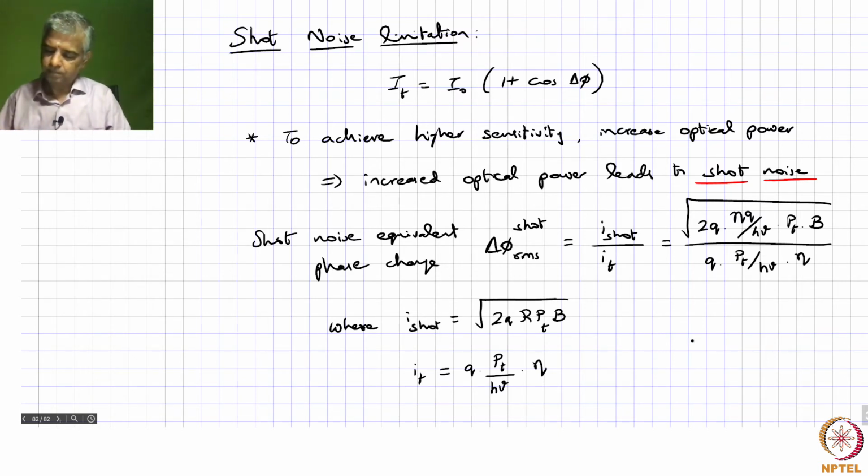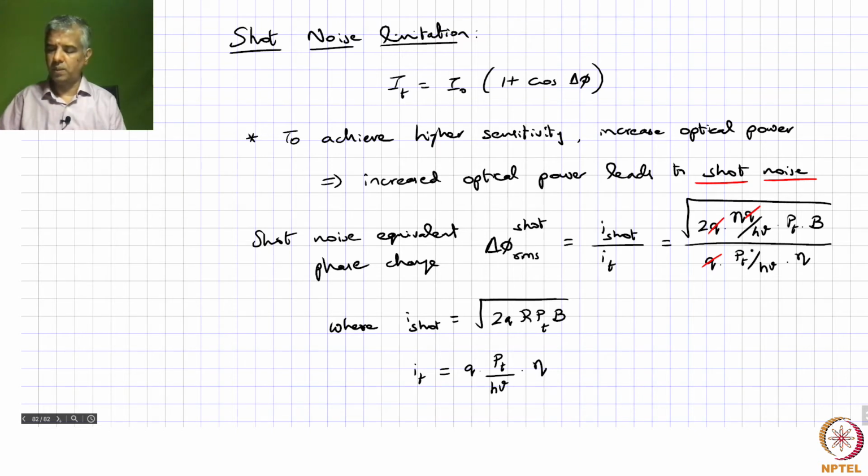The numerator is q squared under the root, so that is actually a q, so you can strike that off.